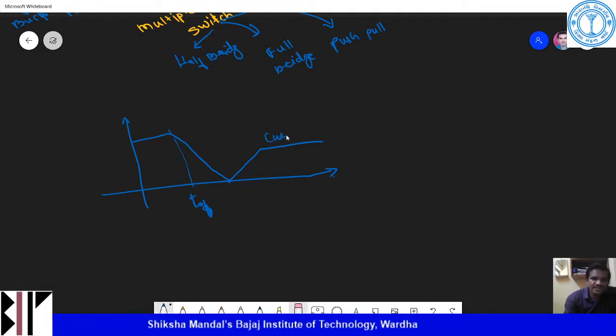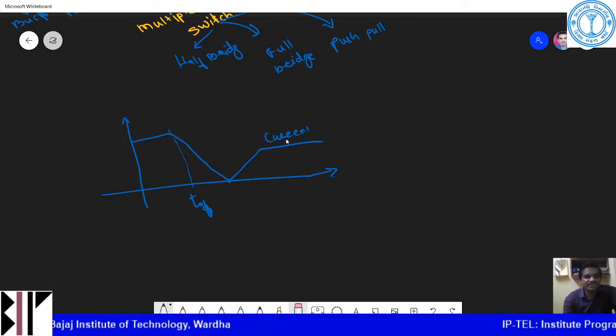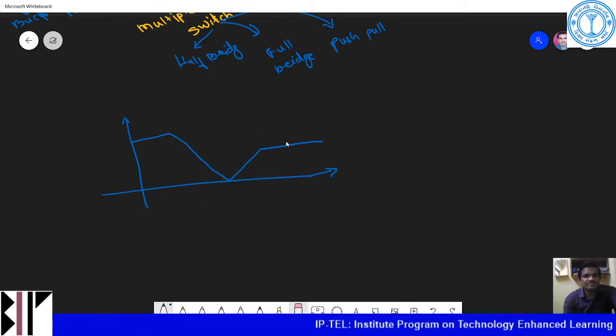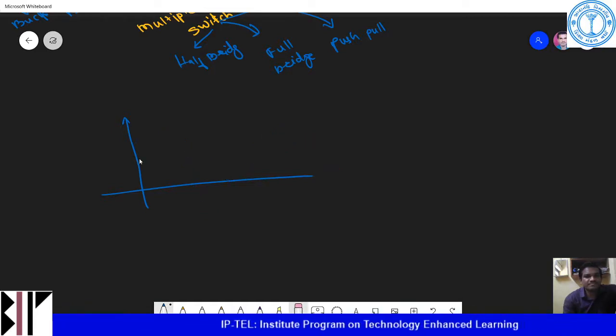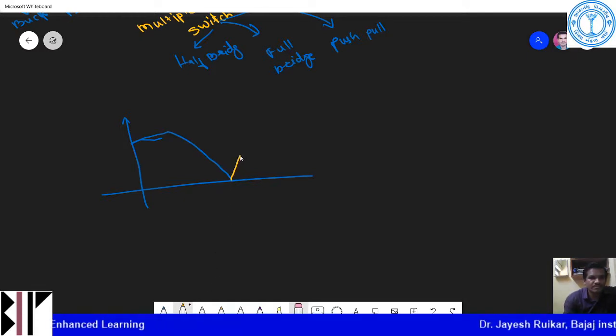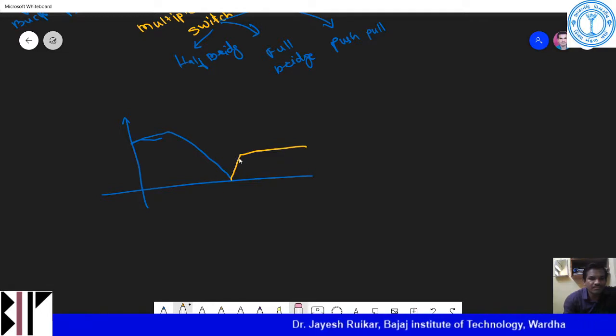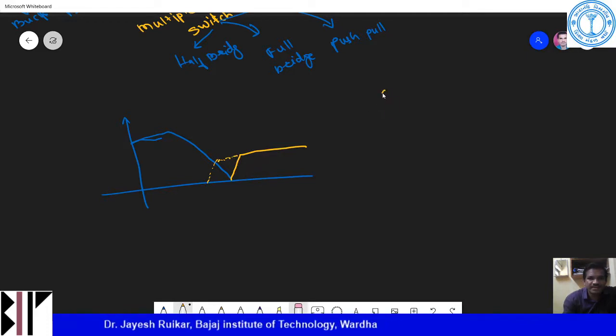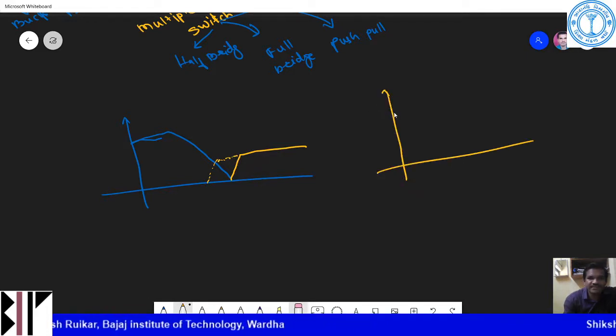So this is the voltage curve. This is a straight line, consider. And then we have a second curve.